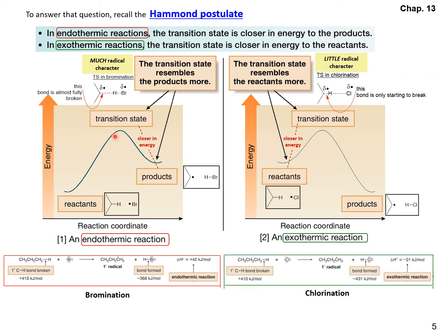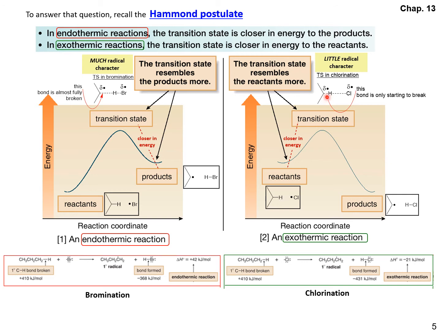Compare that to free radical chlorination, where a chlorine radical abstracts a hydrogen from a carbon, and you generate a carbon radical and HCl. That process, it turns out, is exothermic. Therefore, the transition state structure is closer in energy to the reactants, and the reactants are a chlorine radical and a hydrocarbon, which means that there's not a lot of radical character built up on that carbon in the transition state.